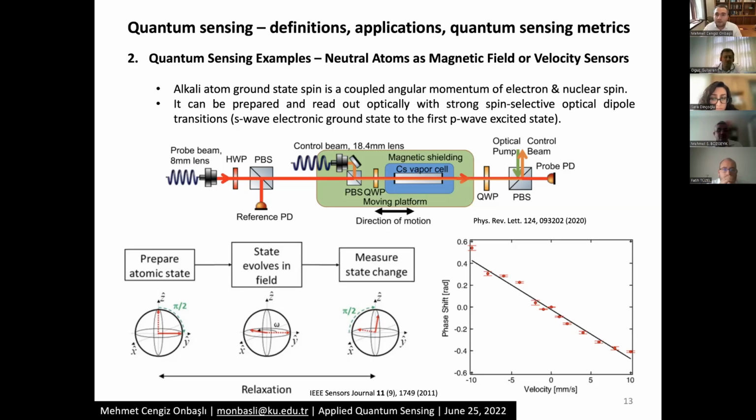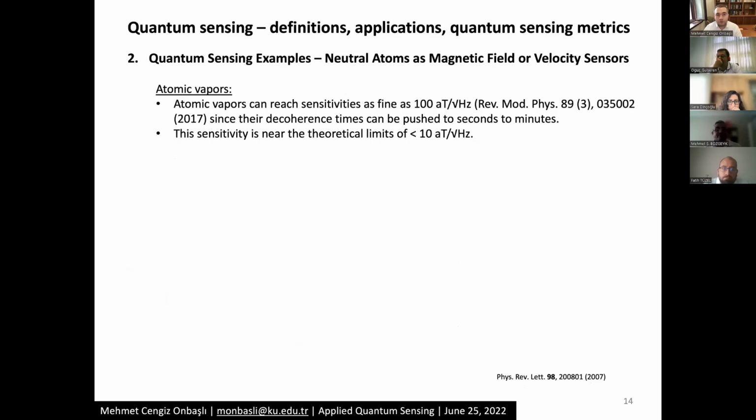In addition, we can actually remove this moving platform and simply have an external magnetic coil, which can be transverse to the applied optical probe, and we can actually measure the magnetic field intensity with extremely fine sensitivities as well. So atomic vapors actually can reach sensitivities as fine as 100 attotesla per square root hertz.